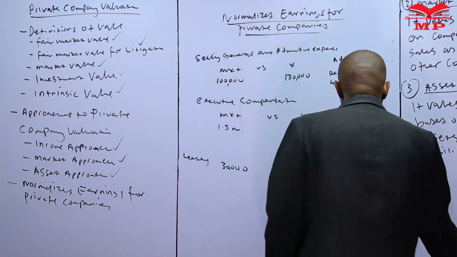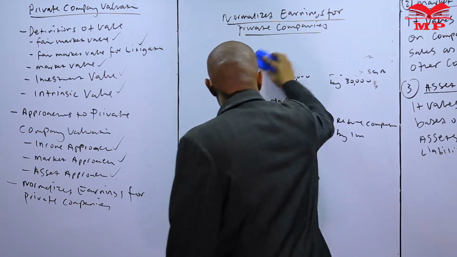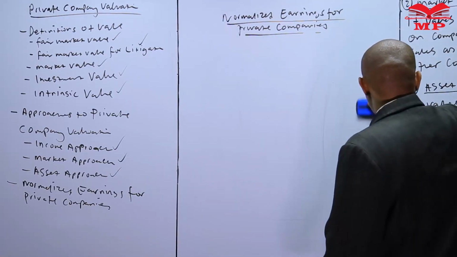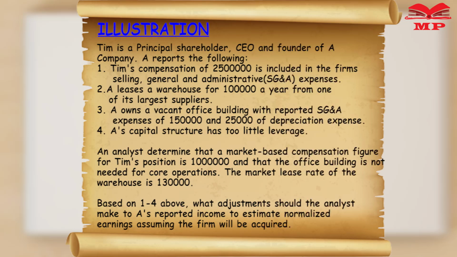The best way to explain this is by looking at an example, and I have one example right here. It reads as follows. Tim is a principal shareholder, CEO, and founder of company A. A reports the following. Number one, Tim's compensation of 2.5 million is included in the firm's selling, general, and administrative expenses.